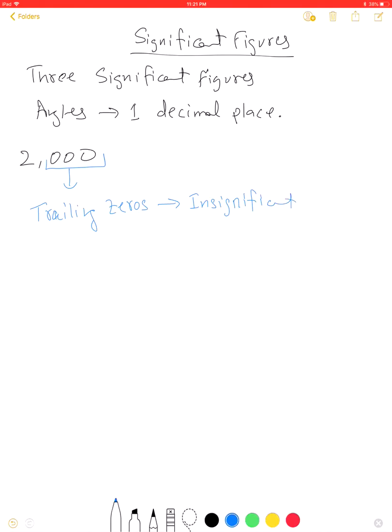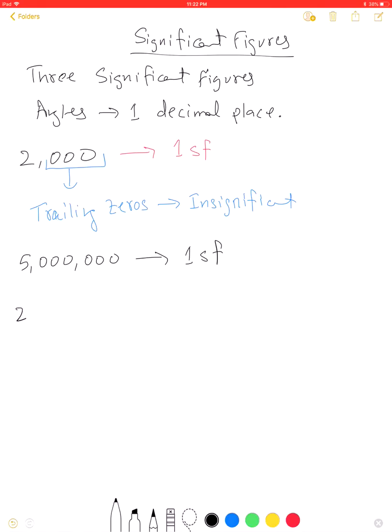So in this number, since you only have one non-zero digit, this number is correct to 1 significant figure. If I have a number, let's say 5 million, million has 6 zeros. This number also has only 1 significant figure.